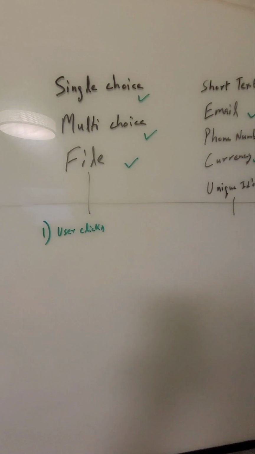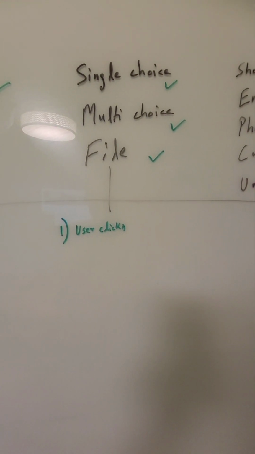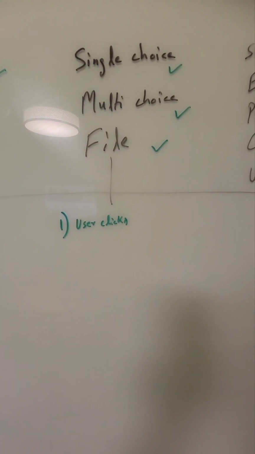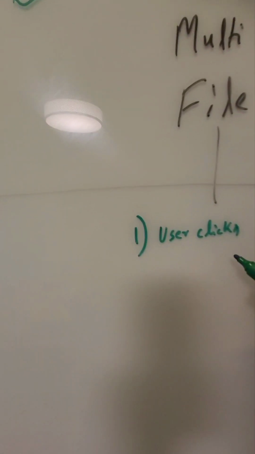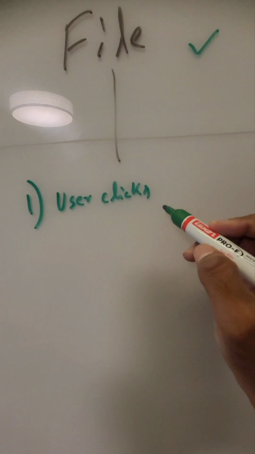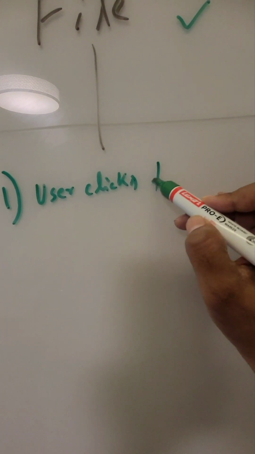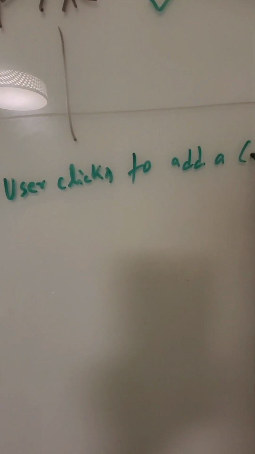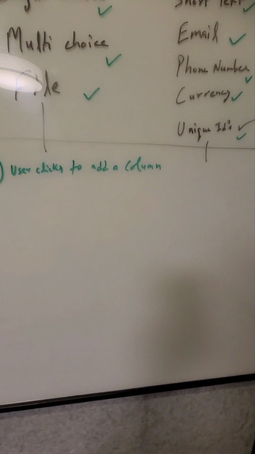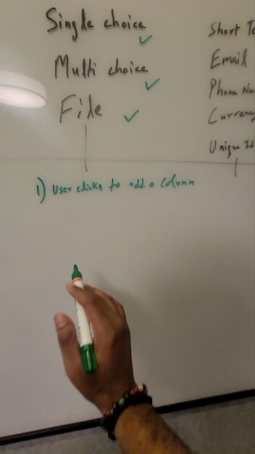So let's start with the single choice, multi choice, and file. I think what we need is, so the user clicks to add a column, right?